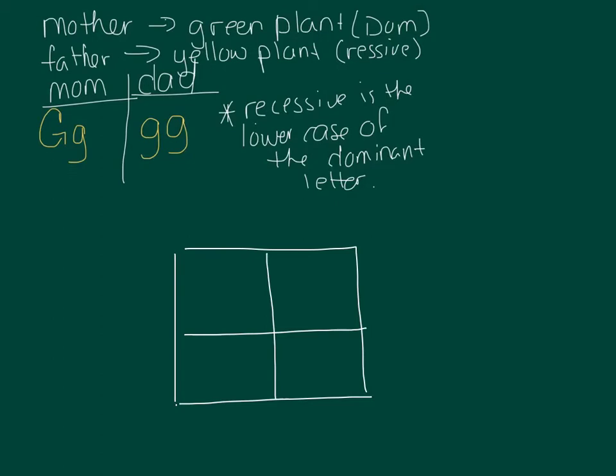Now, I've got 2 different genes here, and I got 2 spots. So my big G goes right up here, and my little g is going to go right there.